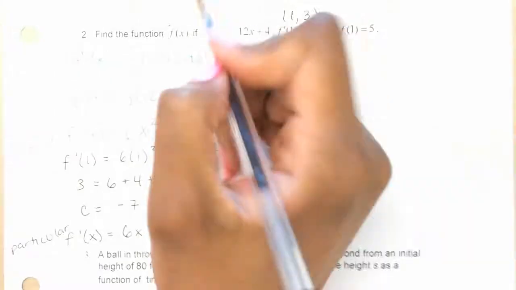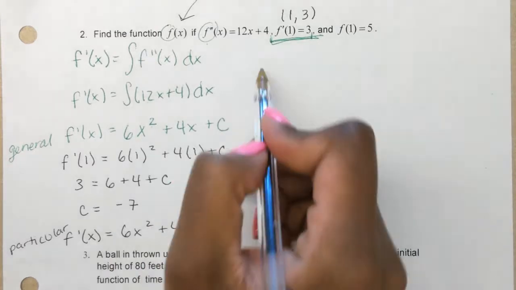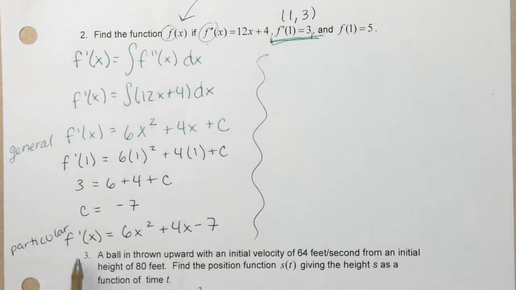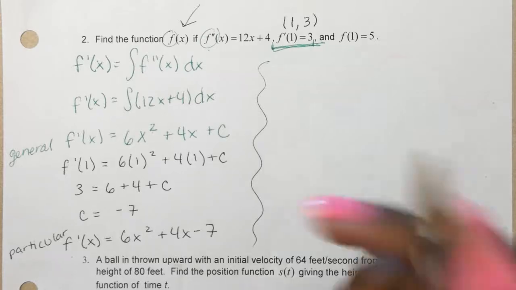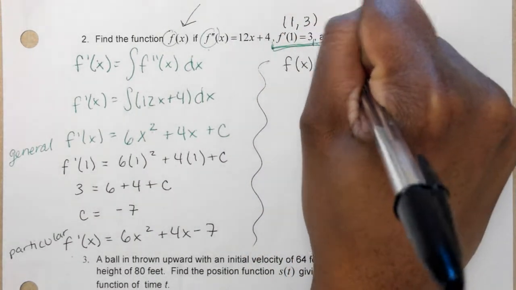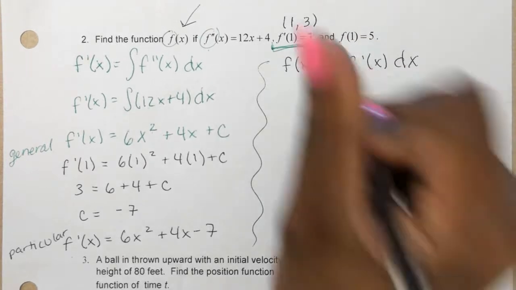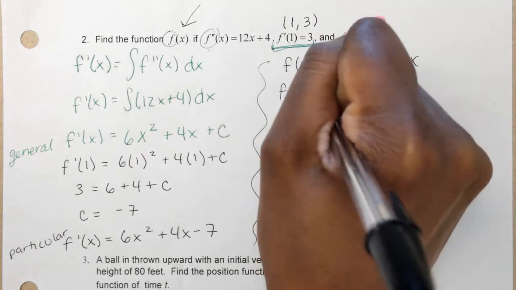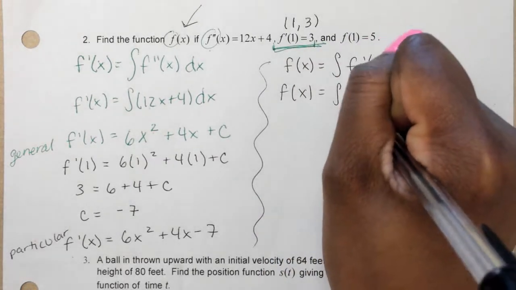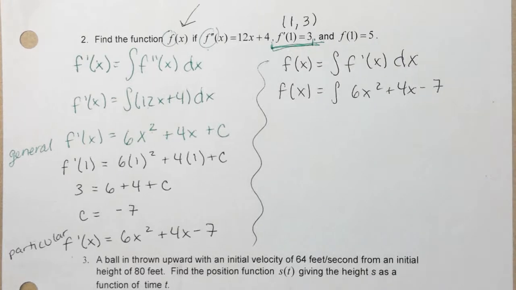Now this problem is specifically asking for f of x. So now we have to integrate this one more time using f prime of x. So we know that f of x is equal to the integral of f prime of x dx. So f of x is equal to the integral of 6x squared plus 4x minus 7.